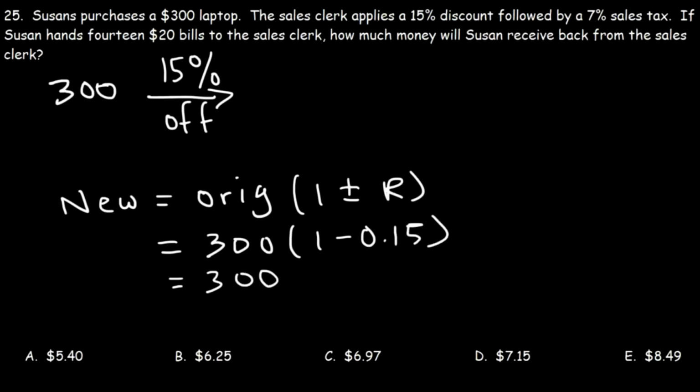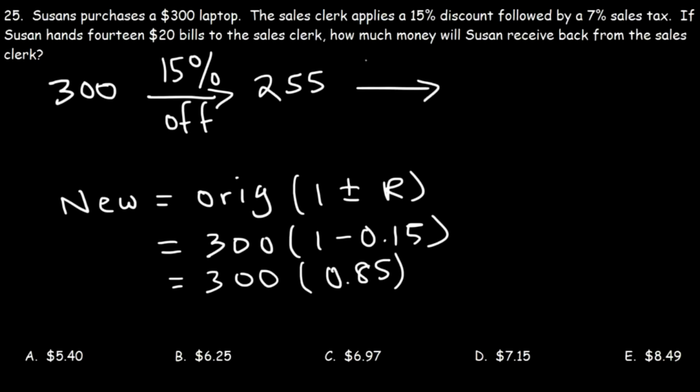So if you take off 15% from the original price, you're going to have 85% left over. The original price is 100%. So we need to multiply 300 by 0.85. So 85% of 300 is 255. So that's the price of the laptop after a 15% discount.